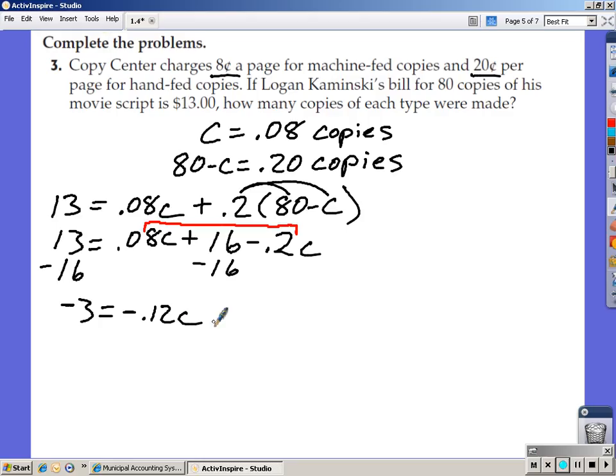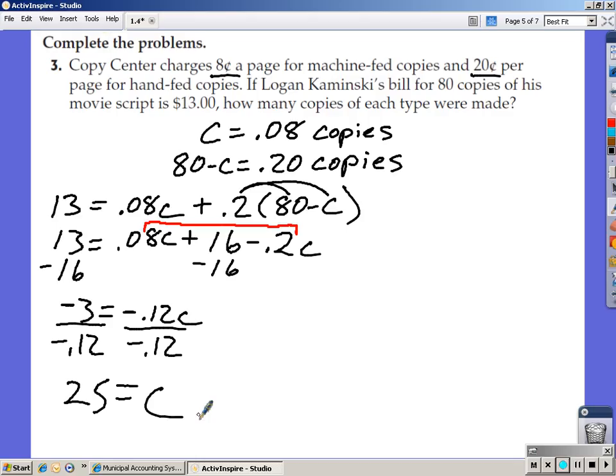All right? Divide both sides by negative 0.12. Negative 3 divided by negative 0.12 is 25 equals C. Okay?